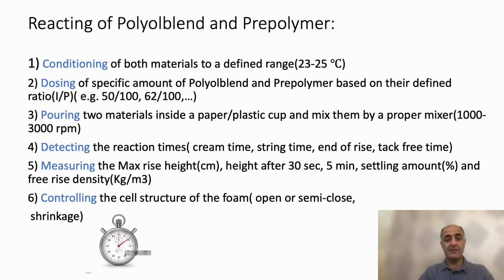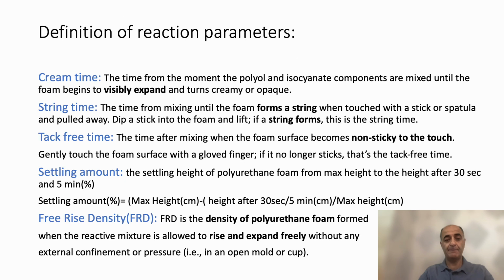After that, measure the maximum rise height in centimeters, height after 30 seconds, 5 minutes, and settling amount in percentage, and free rise density in kilograms per cubic meter. And finally, control the cell structure of the foam, whether it is open or semi-closed, and whether there is shrinkage or not.